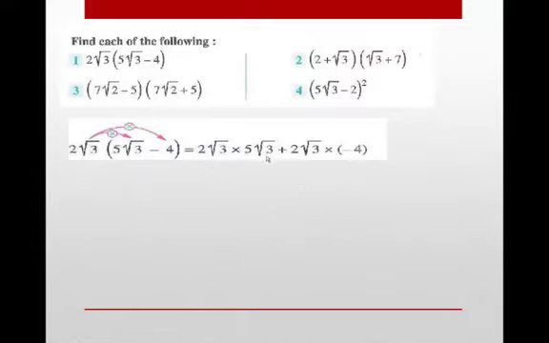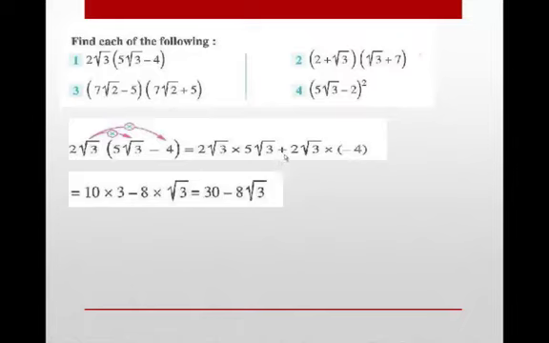Root 3 by root 3 equals 3, so 10 by 3. Positive by negative is negative: 2 by 4 is 8 root 3. 10 by 3 equals 30 minus 8 root 3. It is the result.